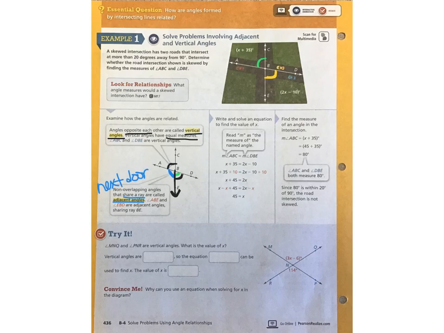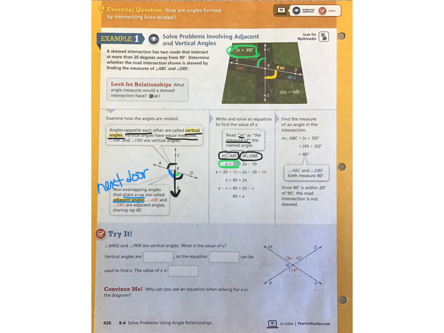That connects them. And we can use this information to write and solve an equation to find the value of x. So m stands for the measure of an angle. So we say the measure of angle ABC is equal to the measure of angle DBE. So go back up to the diagram. In that picture, you see that the angle measure of ABC is x plus 35 degrees. That's this piece right here in your problem.